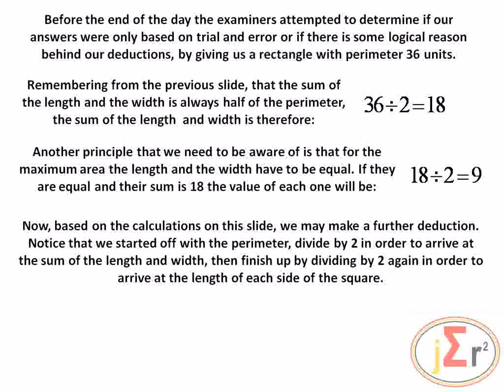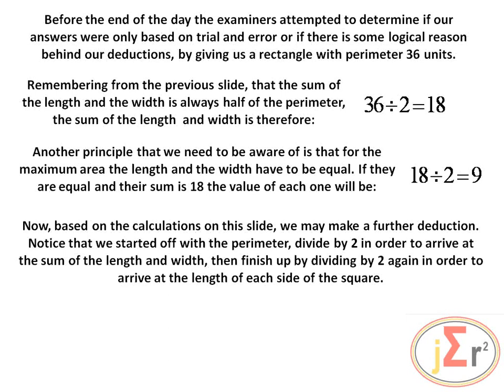Now, based on the calculations on this slide, we may make a further deduction. Notice that we started off with the perimeter divided by 2 in order to arrive at the sum of the length and width.